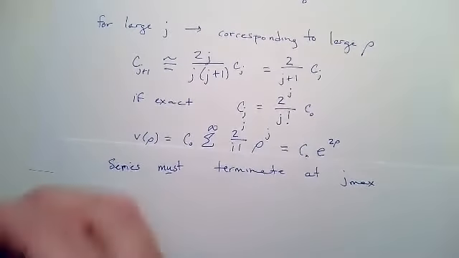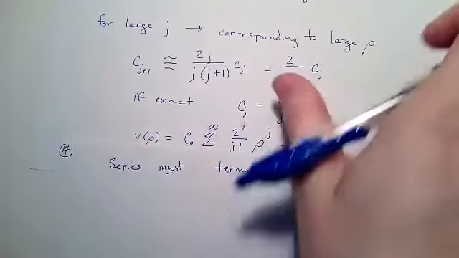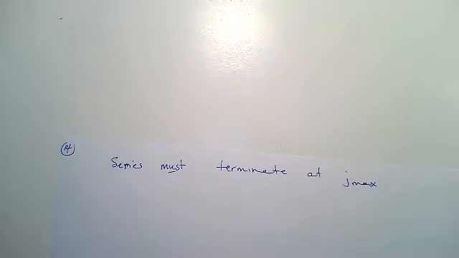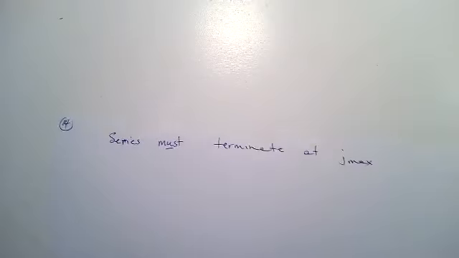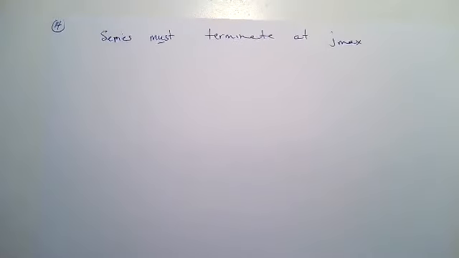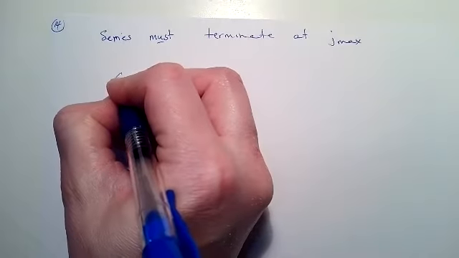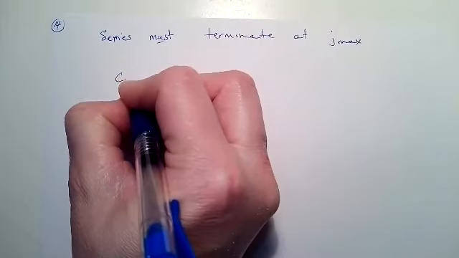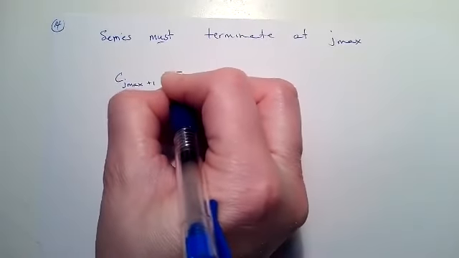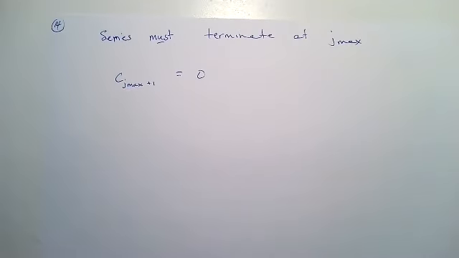Throw another page number on this. So our series must terminate at some maximum value, just like it did the last time we had a recursion formula, to get this to behave well at infinity. So that means that if you've reached your maximum value and you try to go one more, you're going to get a coefficient that equals 0.